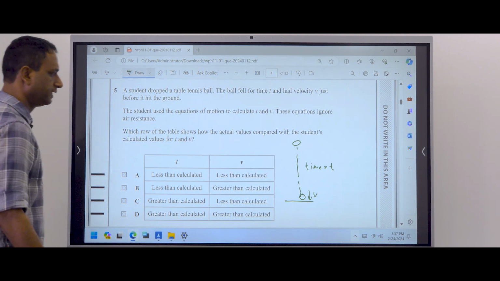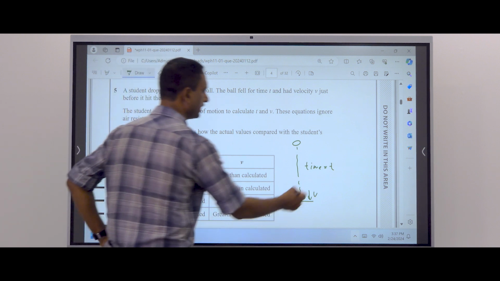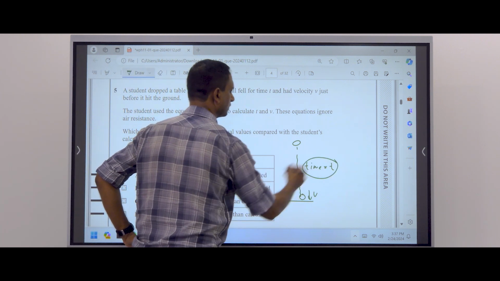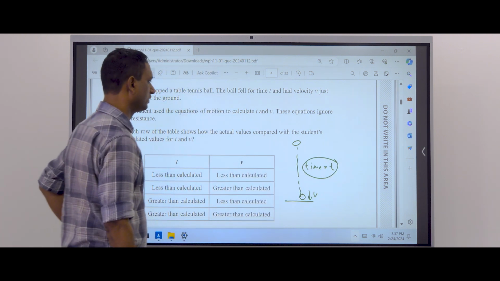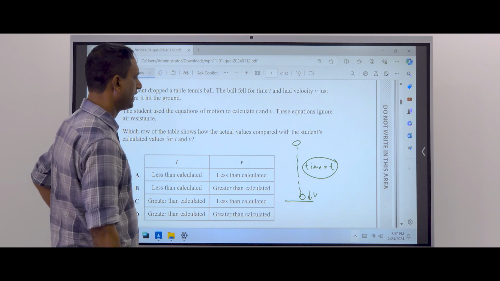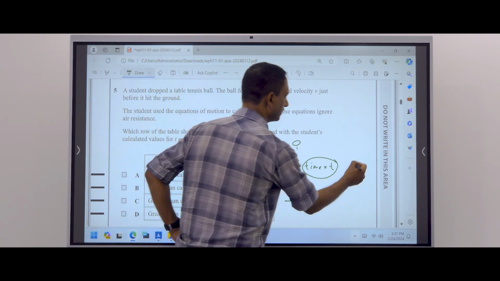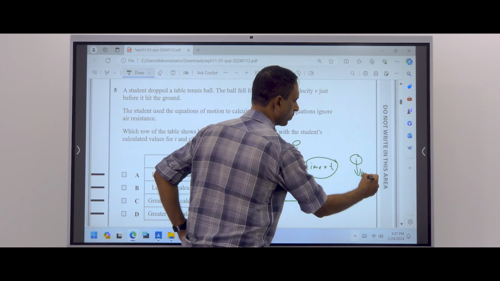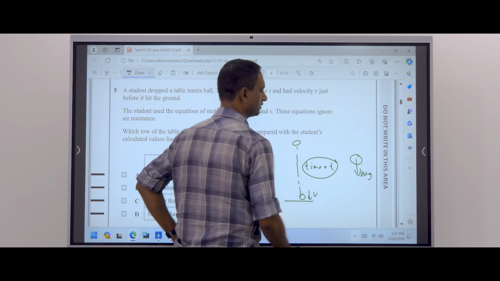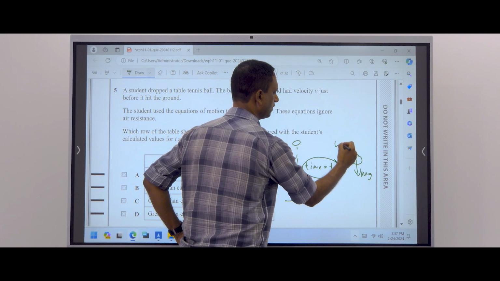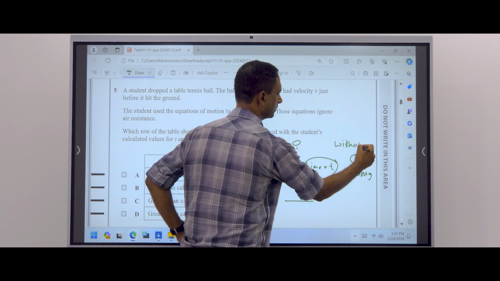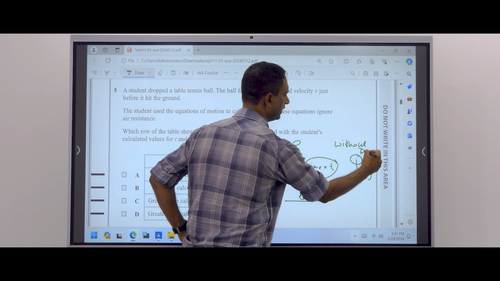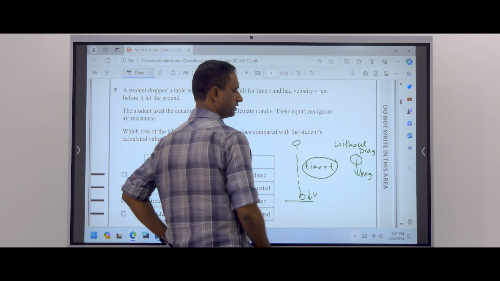Actual value must be, the time must be greater. This should be longer time, because with air resistance, acceleration decreases. Without air resistance, we have only mg. Without drag, we have only mg.